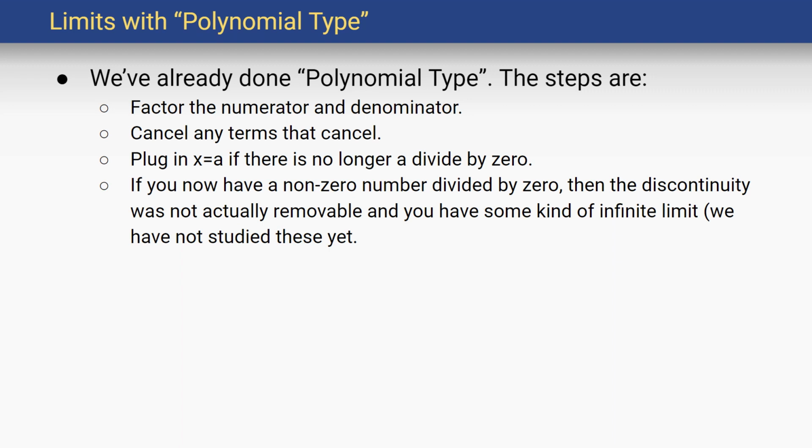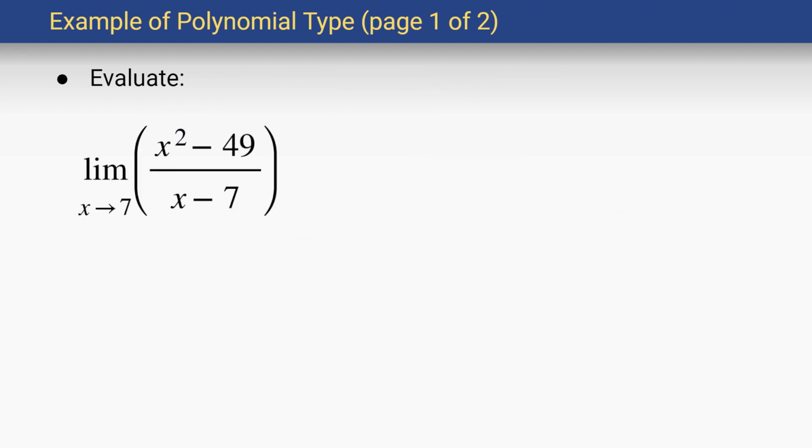But yeah, so we factor, cancel, and then plug in x equals a. So here's an example. I think this is just the same example from the previous lecture, just to remember how to do this. So we're looking at the limit as x approaches 7 of x squared minus 49 over x minus 7.